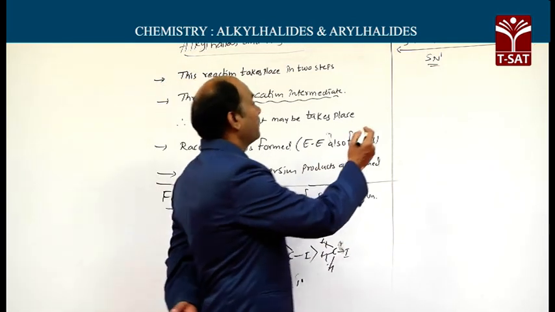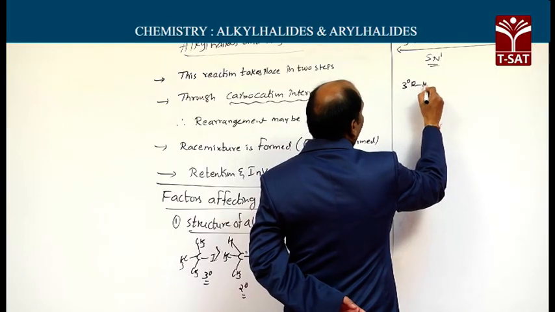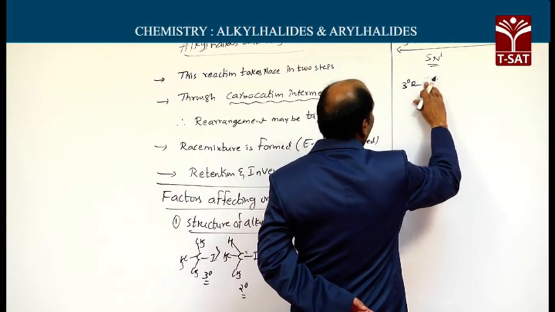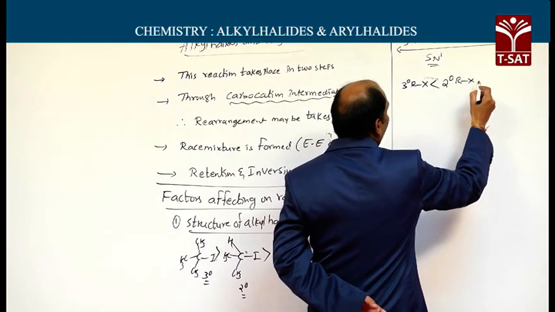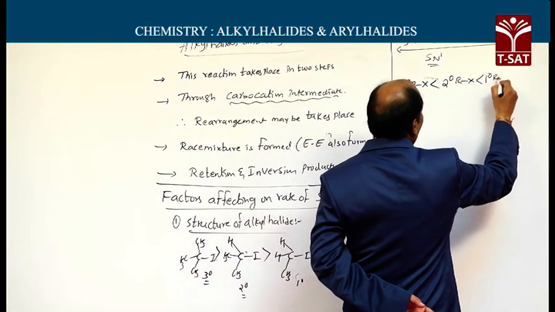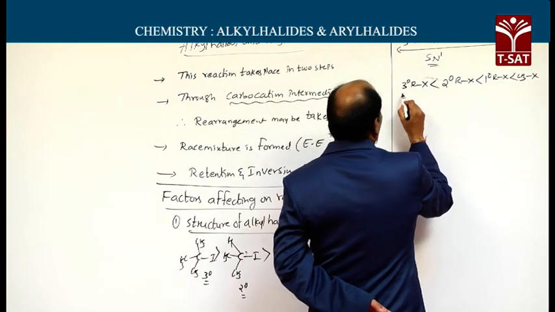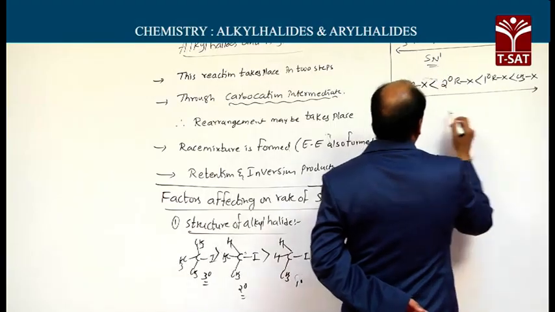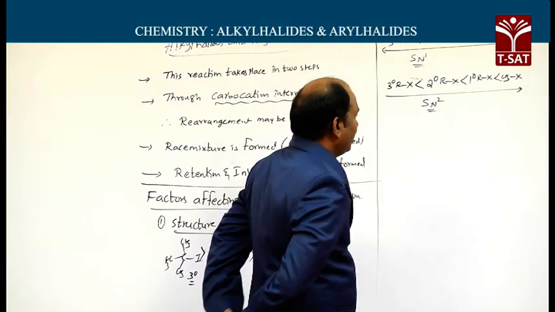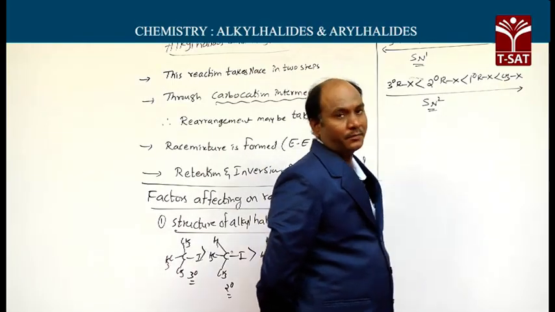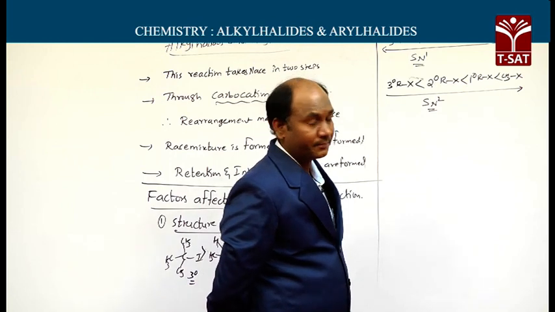Tertiary alkyl halide is less reactive than secondary alkyl halide, secondary is less reactive than primary, primary is less reactive than methyl halide. This is reactivity towards SN2. In SN2 reaction methyl halides are more reactive, in SN1 reaction tertiary alkyl halides are more reactive.